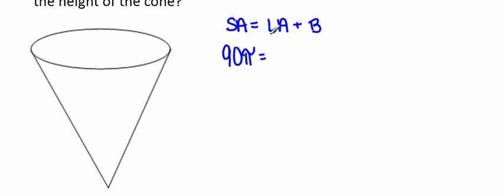I don't know the lateral area, but I do know that you find lateral area by multiplying pi times the radius times the slant height. So I'm going to change that lateral area to pi times the radius times the slant height. I don't know the radius, but I do know that the base has an area of 25 pi square inches.